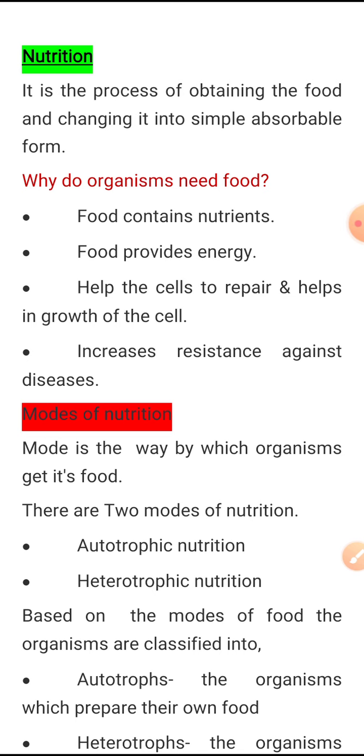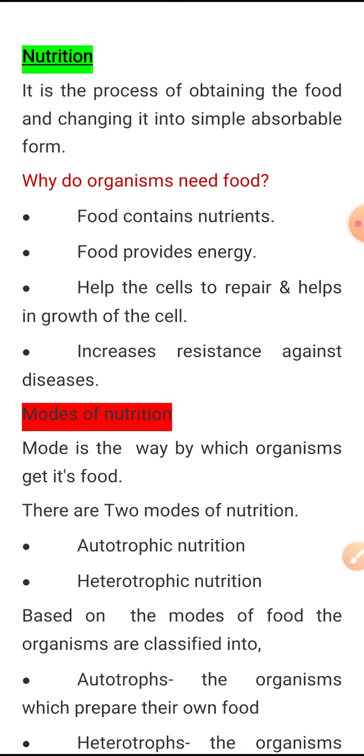Okay, so in nutrition we discuss how each organism obtains its food. We will discuss how complex food becomes simpler, which can be absorbed by cells, because all cells need energy. To produce energy in our body and to perform various metabolic activities, the cells cannot digest complex food.